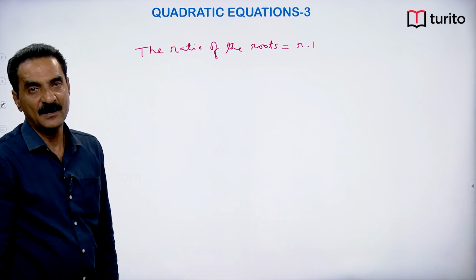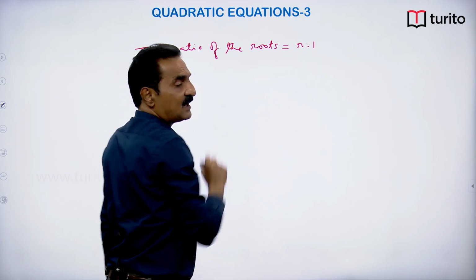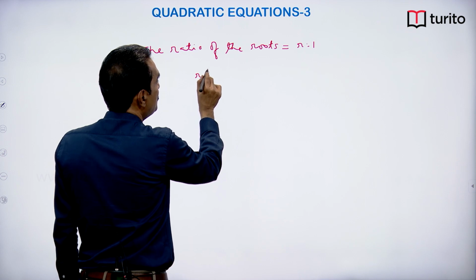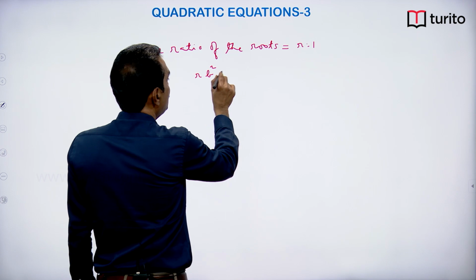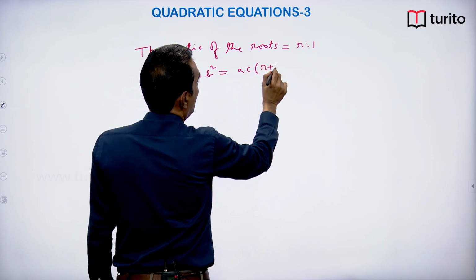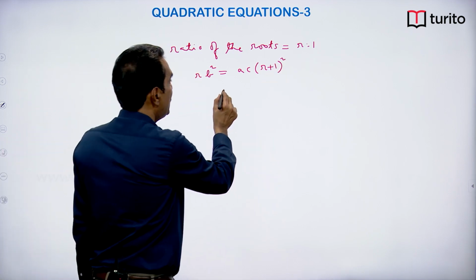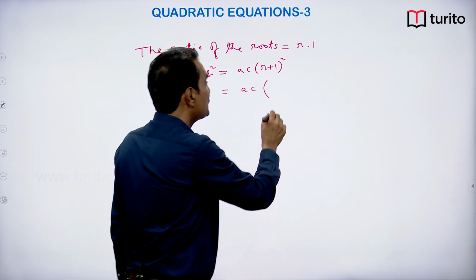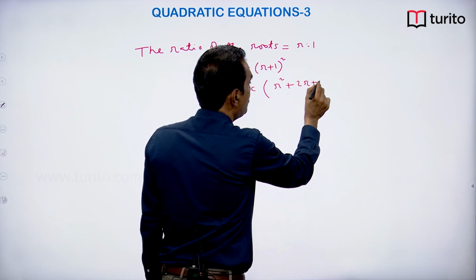Then let us apply the formula. Mn b square, what is Mn? M and n are r and 1. Mn b square is r into b square is equal to ac into m plus n whole square means r plus 1 whole square. Now, expand the RHS, ac into r square plus 2r plus 1.